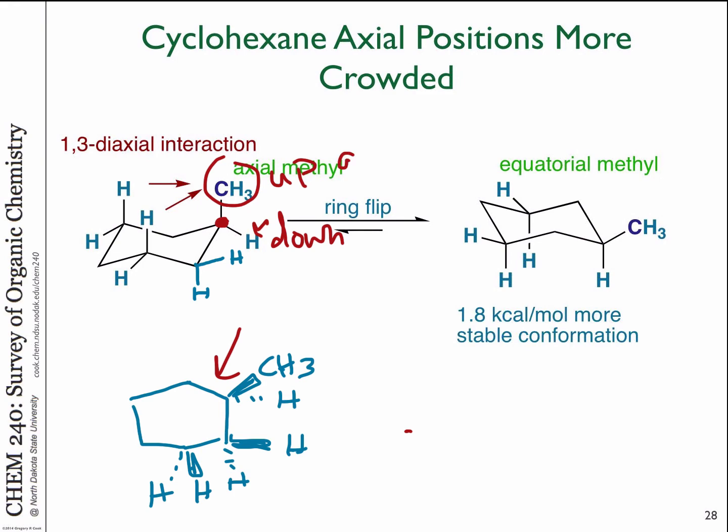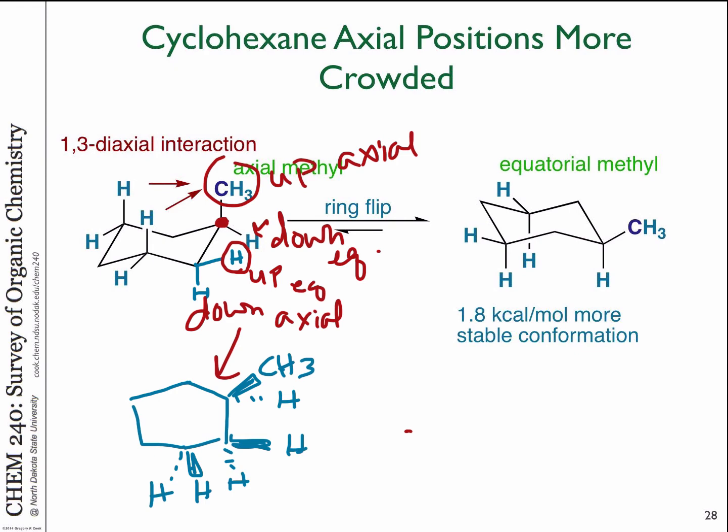Notice up here is axial, and down on that same carbon is equatorial. Right? Go to the next carbon over. What's the up group and what's the down group? This one is up, right? And this one is down. But in this case, up is equatorial and down is axial.